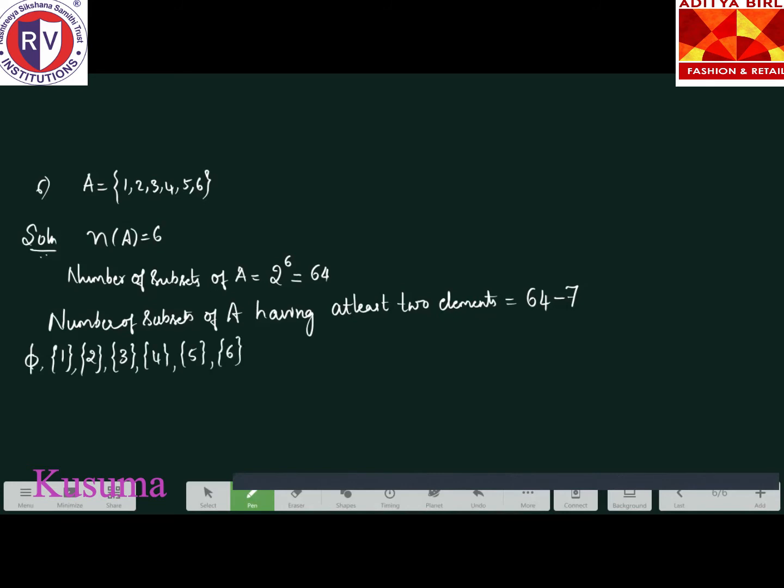These are the subsets of A which have fewer than 2 elements. So they are 7 in number, and all other subsets of A will have at least 2 elements in them. So 64 minus 7 will be the number of subsets which have at least 2 elements.